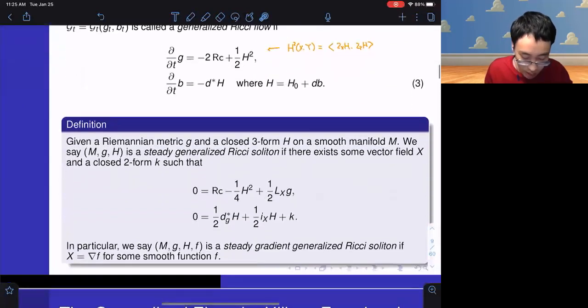Next, let me define the steady generalized Ricci soliton.